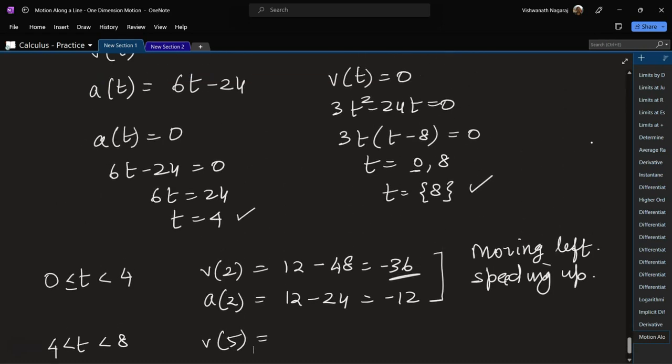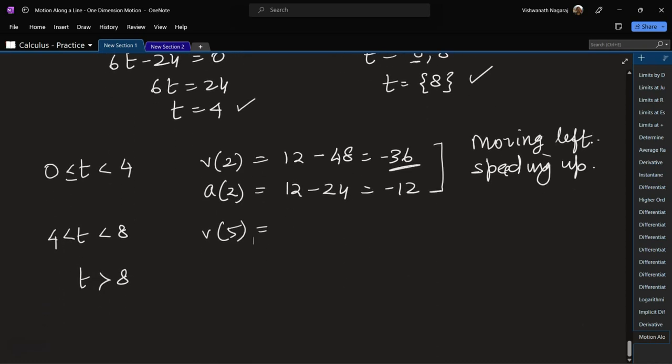Okay. Now let's look at this interval, v of 5. V of 5 is going to be 3t square, that is 3 times 25 is 75, minus 24 times 5, that is 120, which gives us minus 45. Now a of 5 is going to be 6 times 5 is 30 minus 24, which is 6.